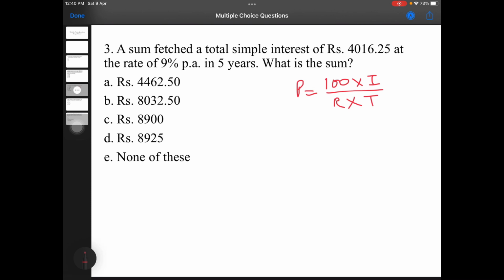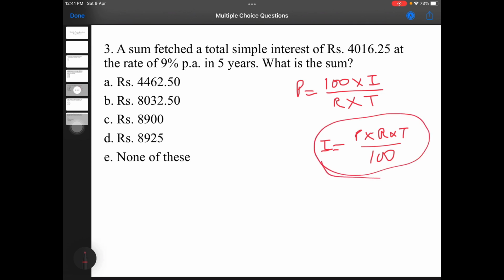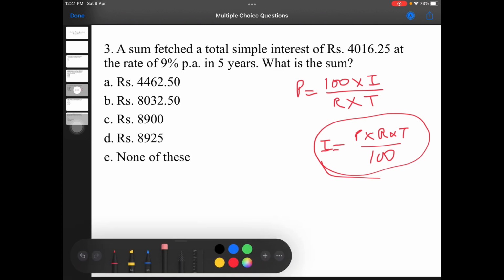If we don't remember this formula, we just have to remember the formula for simple interest, which is I equal to P into R into T divided by 100. We can derive the formula for principal from the formula for simple interest only.